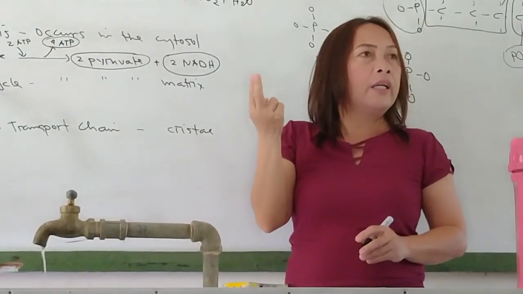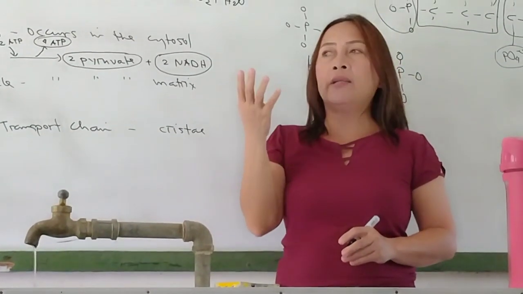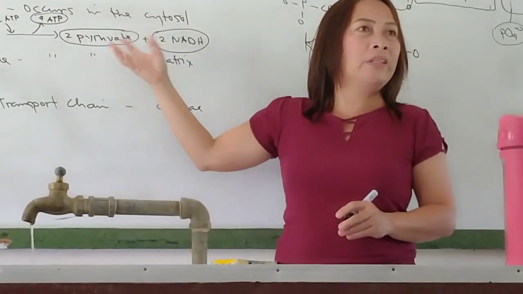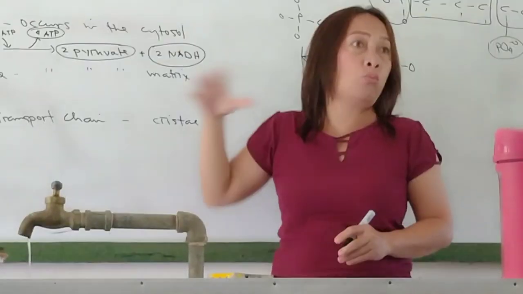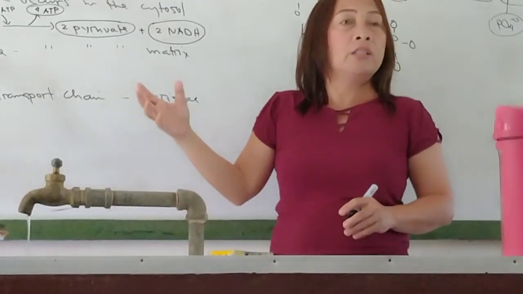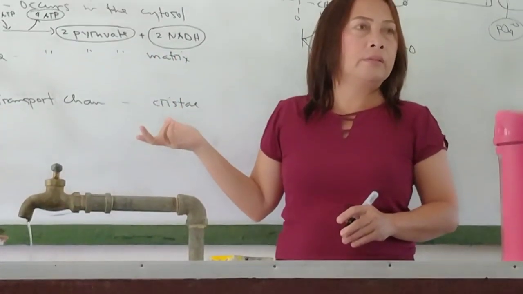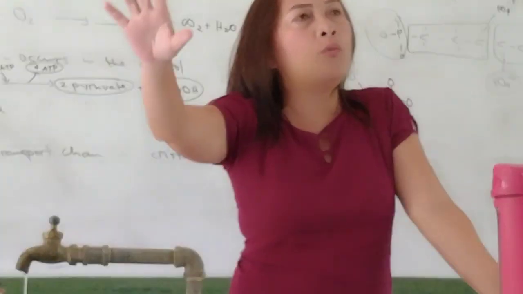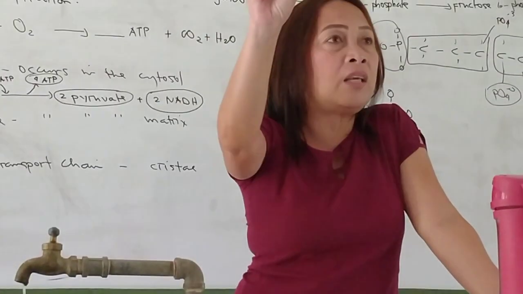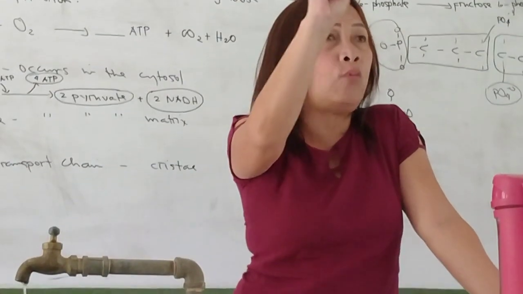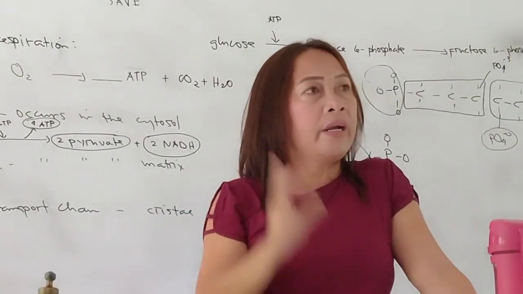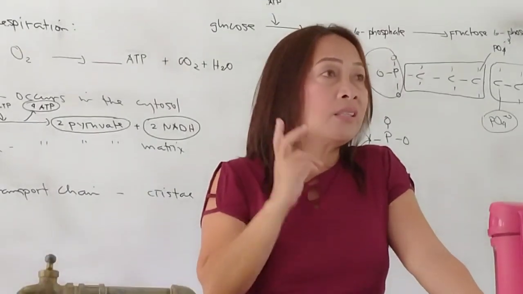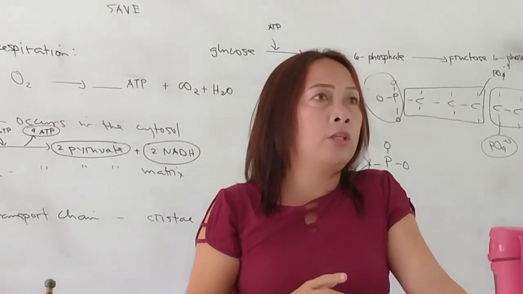Now, the cell requires more of this. We will compute that later. So you compare: anaerobic, without oxygen, 2 ATP will be given to you out of 1 glucose molecule. But when there is oxygen, it can give you a net of 36 ATP molecules.